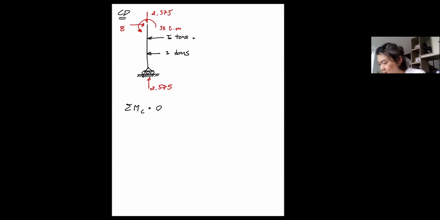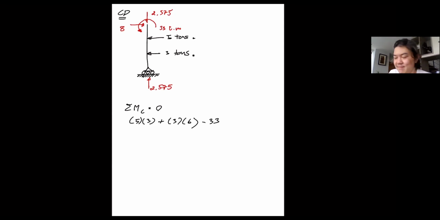Now you know you have 5 tons. This one will give you the clockwise moment. So this is 5 multiplied by 3, and then plus 3, this one, 3 multiplied by 6, minus 33. Is it 0, folks?